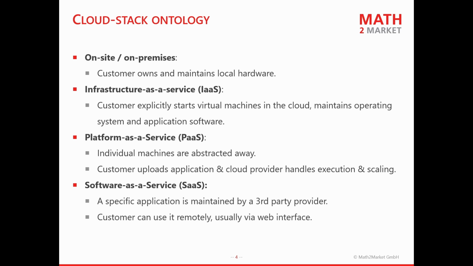For example, the cloud provider automatically starts additional machines to run your jobs if more computing power is needed. And last but not least, we have software as a service. There, a specific application is maintained in the cloud by a third-party provider, and the customer can use it remotely, very often via a web interface.